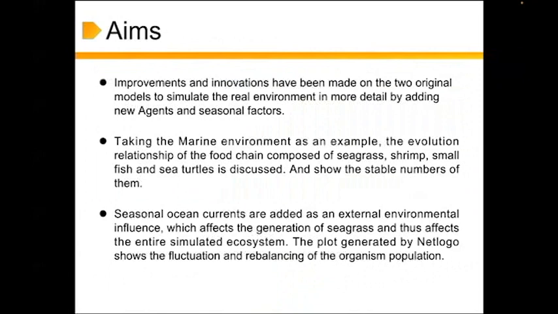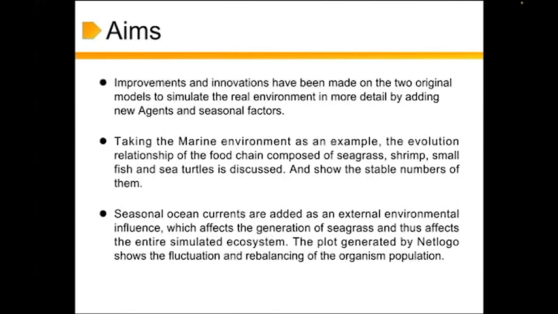Our aim for the ocean ecosystem is to make some improvements and innovations on the two original models, to simulate the real environment in more detail by adding some new agents and seasonal factors.